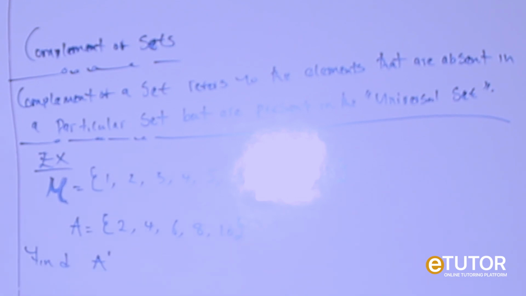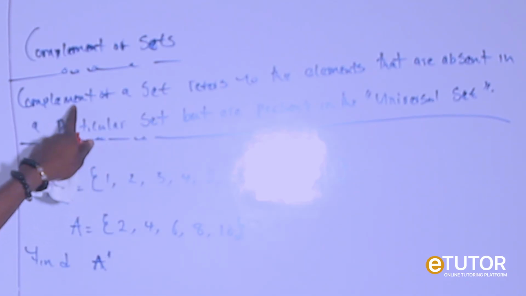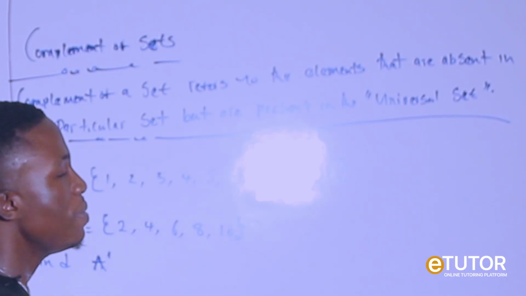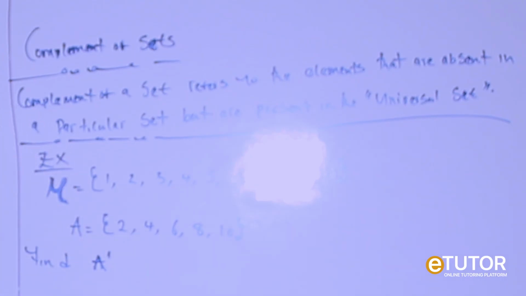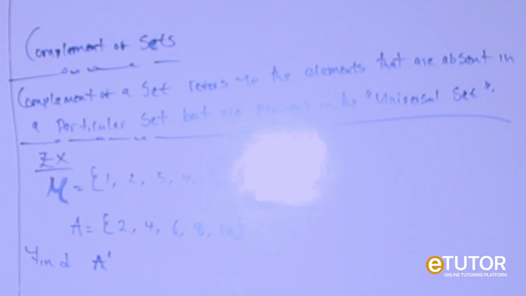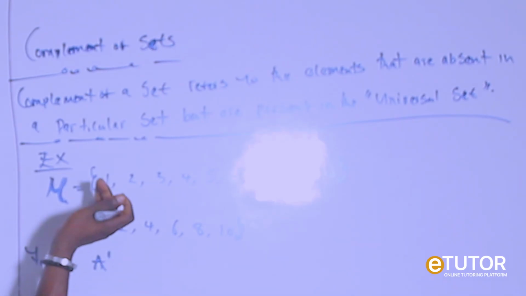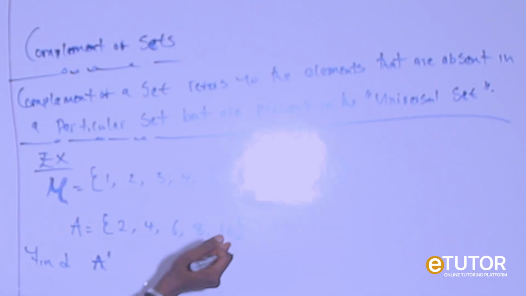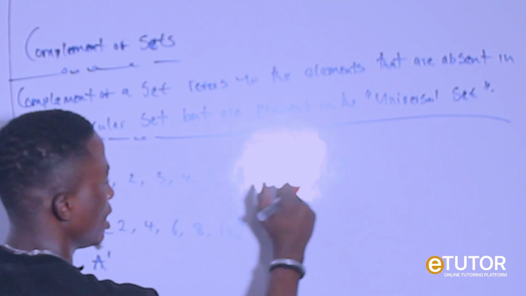This means the complement of A. Following this definition, it says the complement of a set refers to the elements that are absent in that particular set but are present in the universal set. That is, which elements does A not have, but are present inside of the universal set?